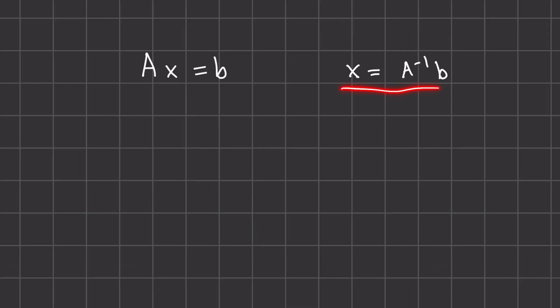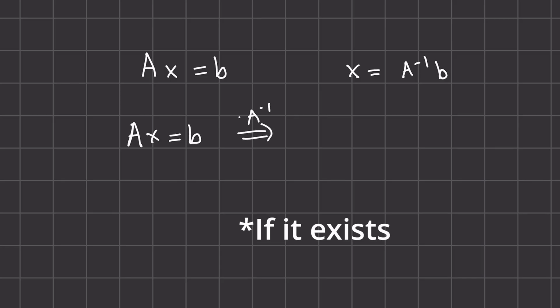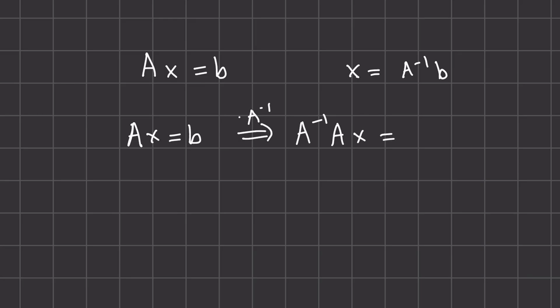So to elaborate real quickly on this change, or rather this solution which I've shown, this actually comes from multiplying with our inverse. So originally we have Ax equal to b, and in one step we multiply both sides by the inverse of A, giving us the inverse of A times Ax equals the inverse of A times b. And as we've seen before, the order we multiply this inverse in does not make a difference.